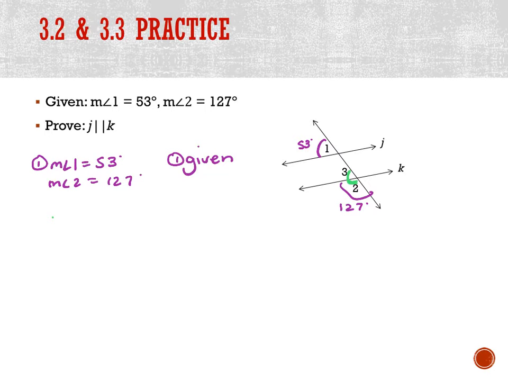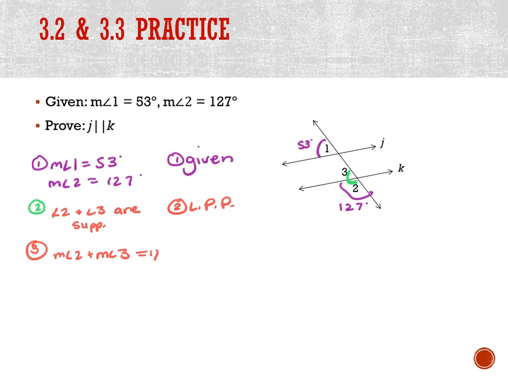I can say that 2 and 3 are also supplementary because of the linear pair postulate. So angle 2 and angle 3 are supplementary, which is the linear pair postulate. That would say the measure of angle 2 plus the measure of angle 3 equals 180, and that's the definition of supplementary.